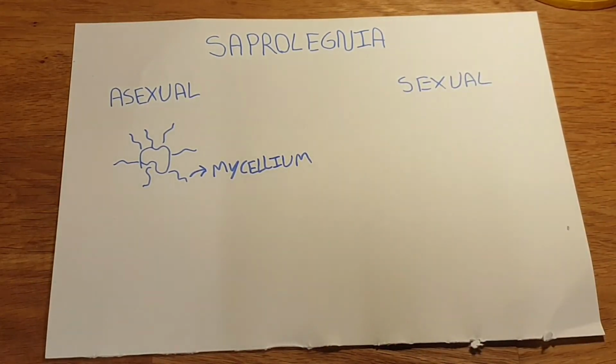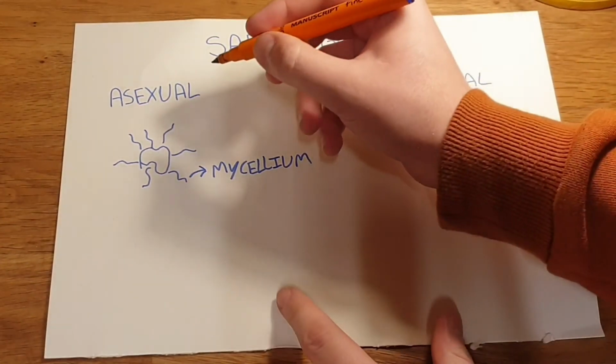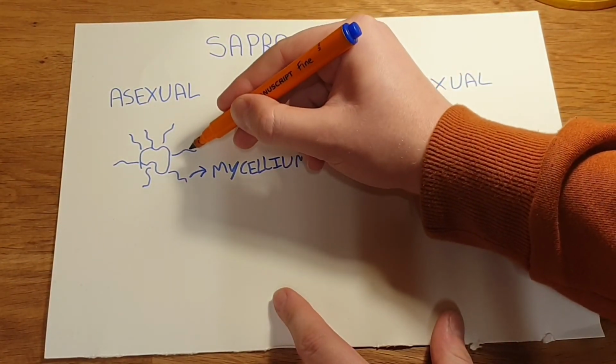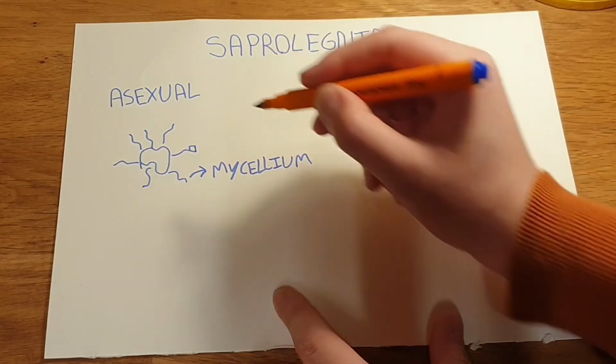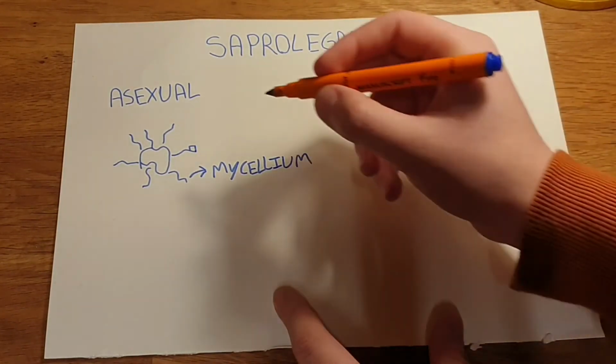Okay, and these are just cotton wool-like spreadings, and at the end of these mycelium they have little capsules called sporangiums.